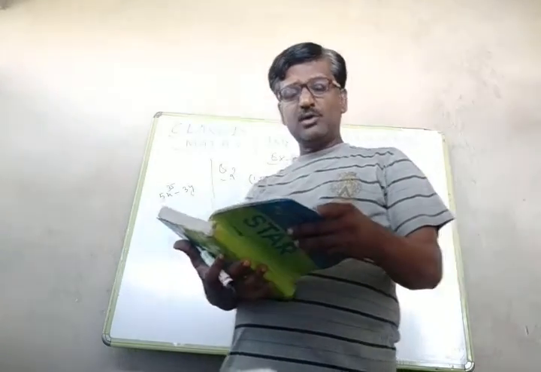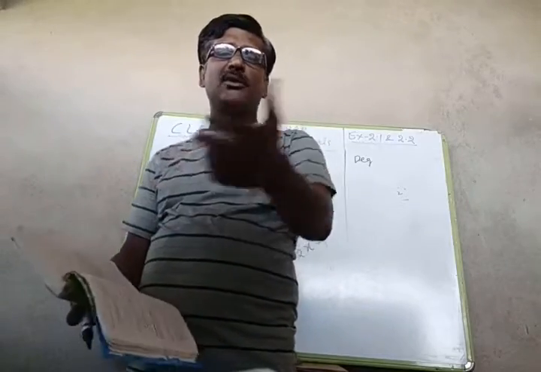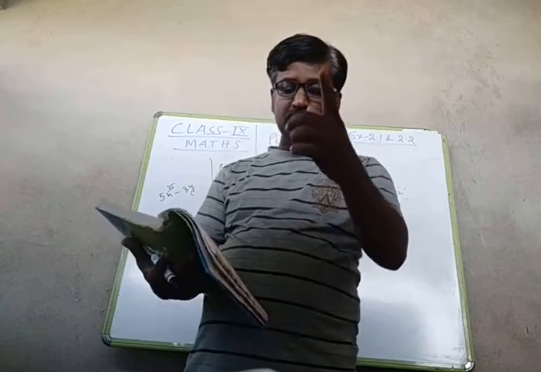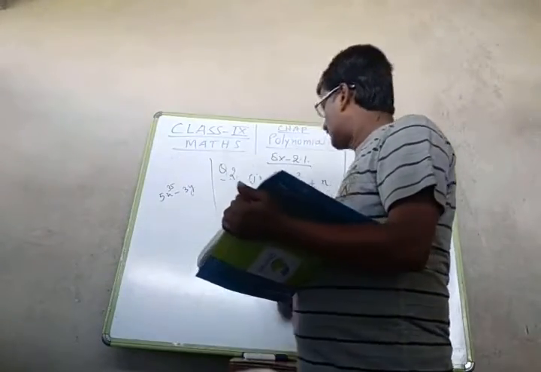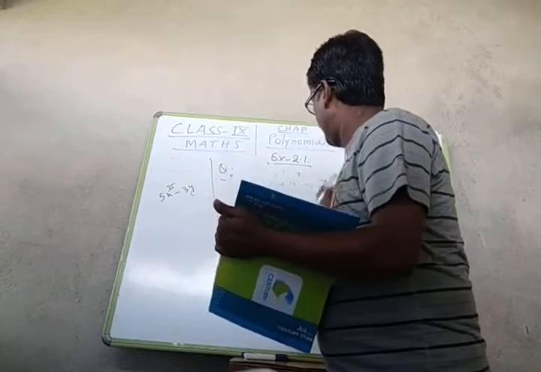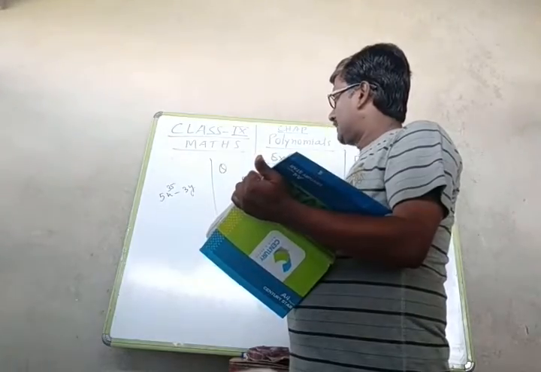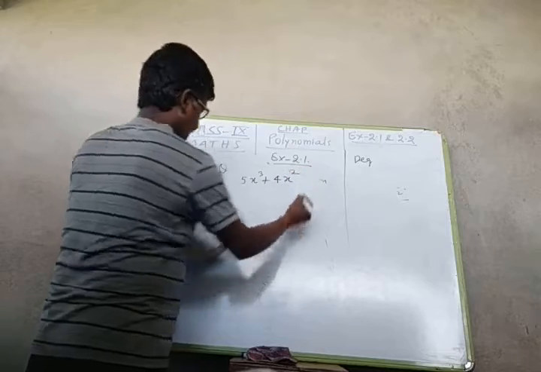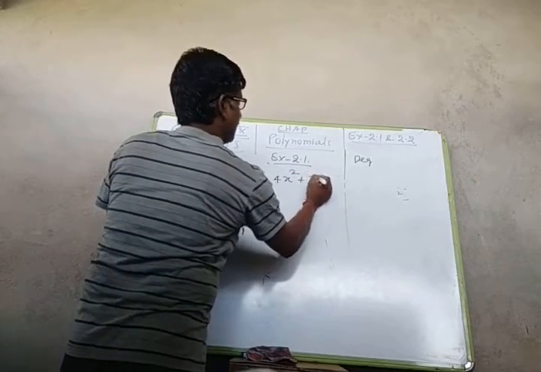Okay, and question number 4. In question number 4 we have to write the degree, and as you have understood, degree is defined as the maximum power. Question number 4 is given: 5x cube plus 4x square plus 7x.